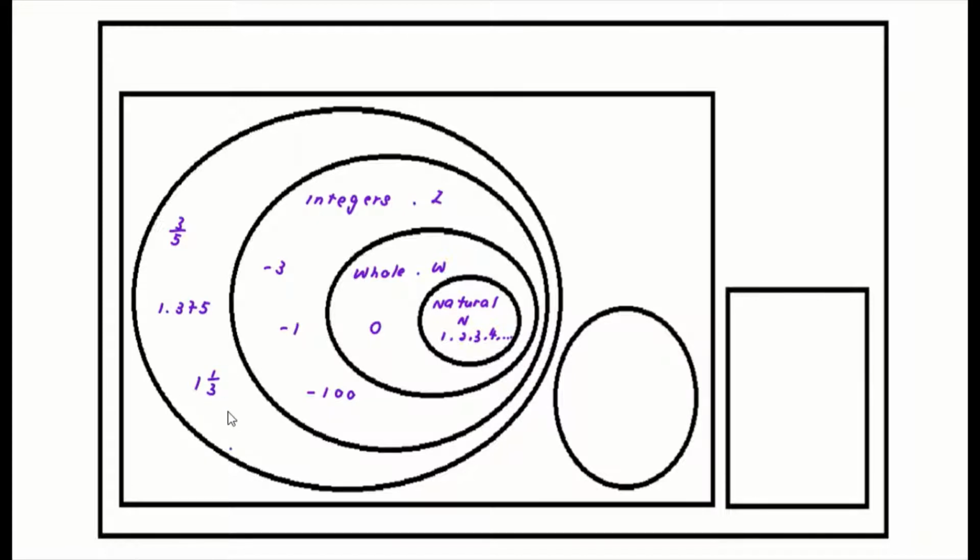So 1 and 1 over 3 can be represented in decimal as 1.33 and it's infinite, right? And of course you have negatives as well, for example -5.5. All these numbers, including all the integers, are called the rational numbers. All these numbers are denoted by the symbol Q.